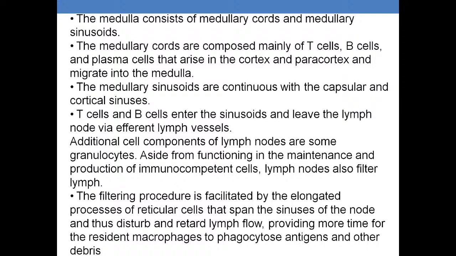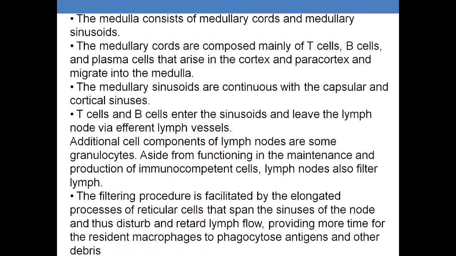Additional cell components of lymph nodes are some granulocytes. Aside from functioning in the maintenance and production of immunocompetent cells, lymph nodes also filter lymph.